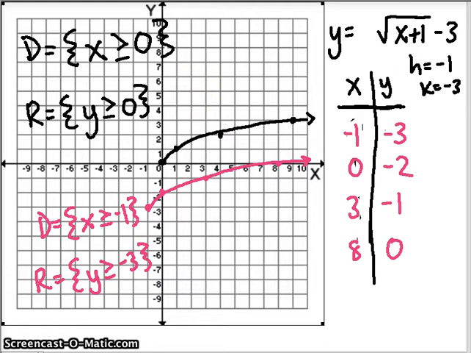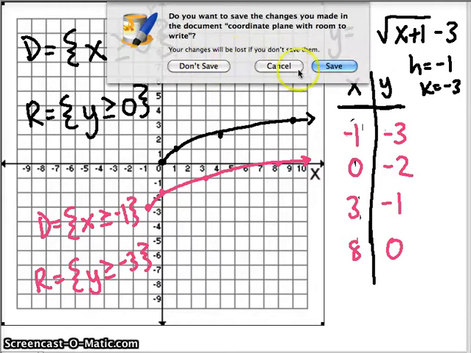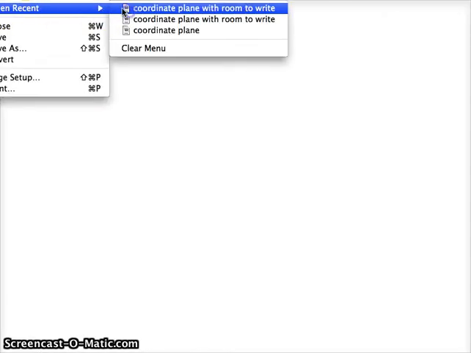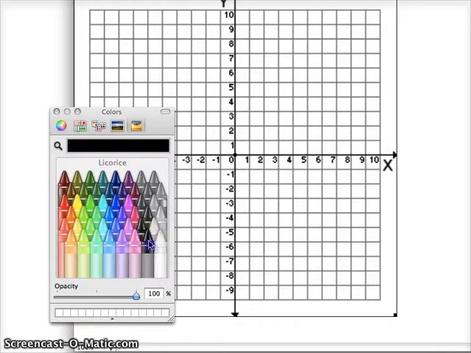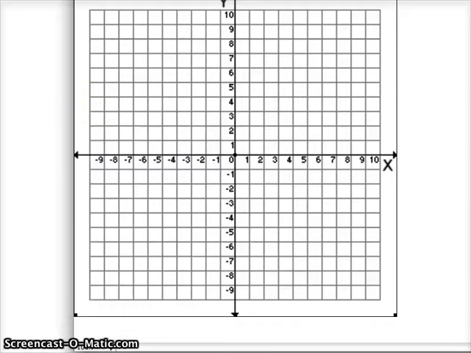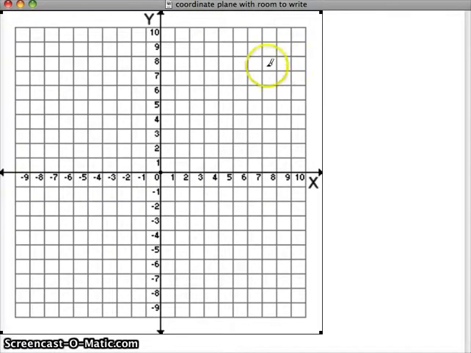Alright, let's do another example here. Let's do a negative a value and see what happens with our graph here.